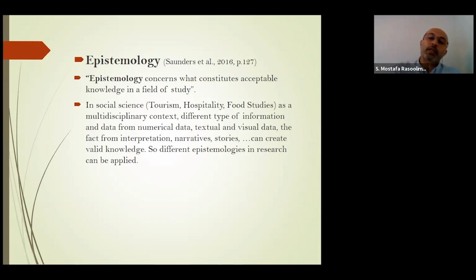But there is another understanding, another opinion, another perspective. It says that because we believe there is a common understanding of social phenomena, this common understanding can be measured, and the knowledge from this type of understanding is valid knowledge. Why do we say this type of knowledge is not valid?